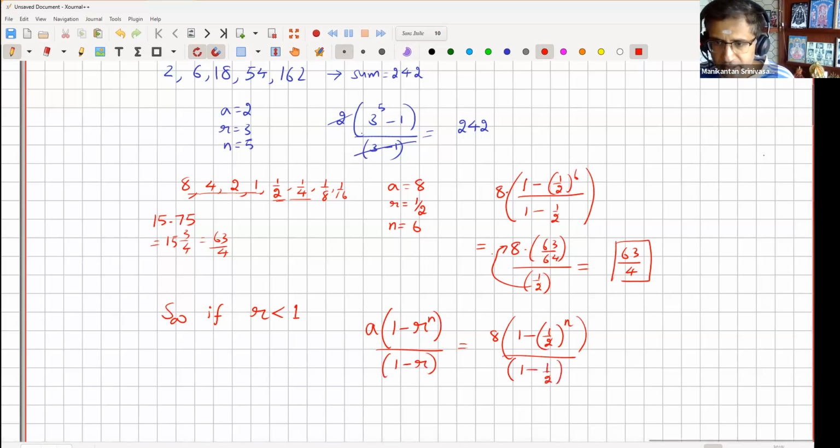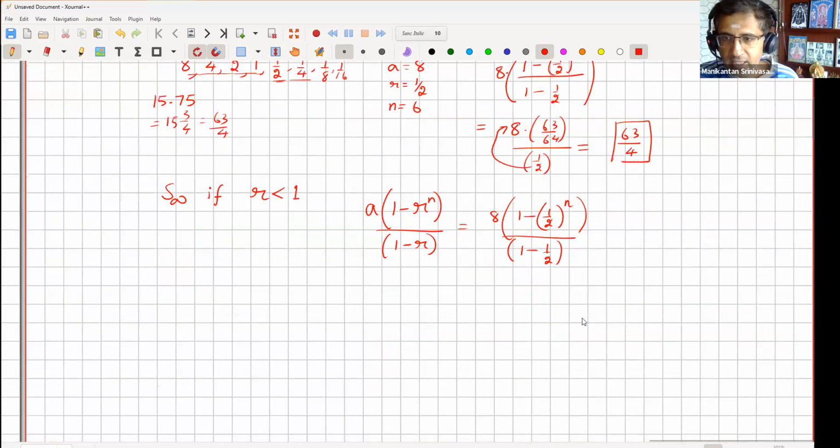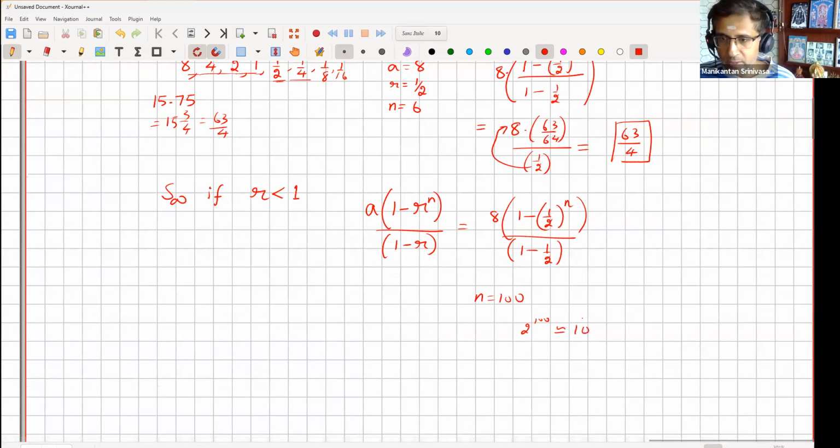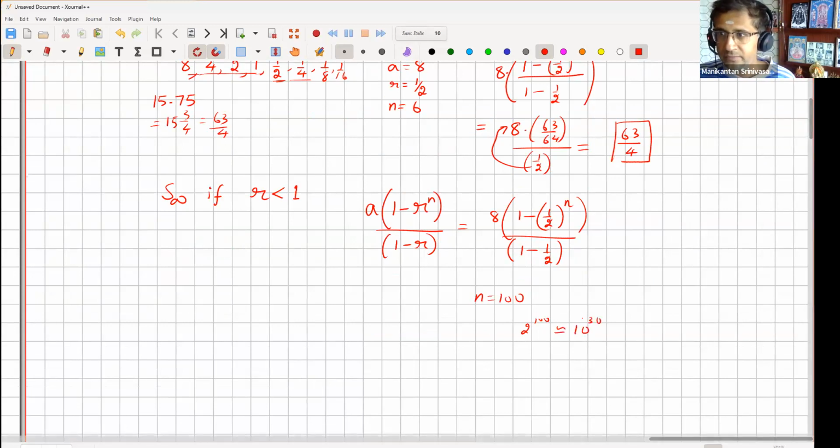Now just imagine n is not 6, but let's say n is even 100, forget even 1,000 or a million or a zillion, right? 2 power 100 is such a huge number. When we do logarithms in more detail, we'll know this is approximately 10 power 30, and then 1 upon 2 power 100 will be such a small fraction, 0 followed by roughly 30 zeros. It's very, very tiny.